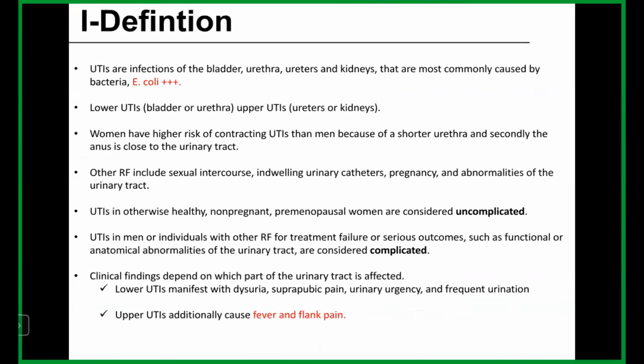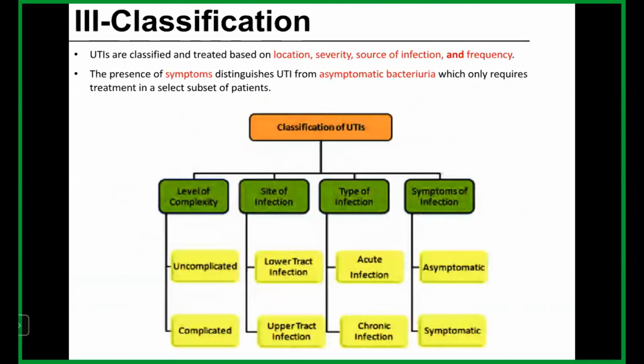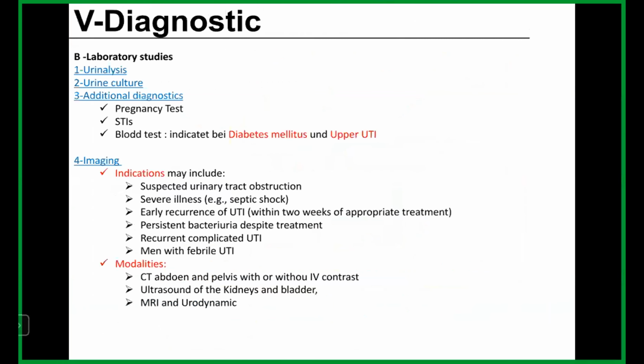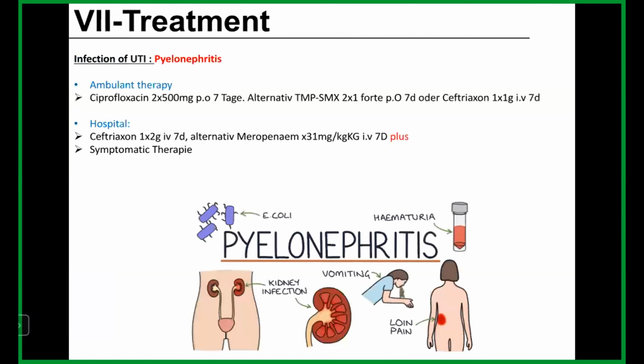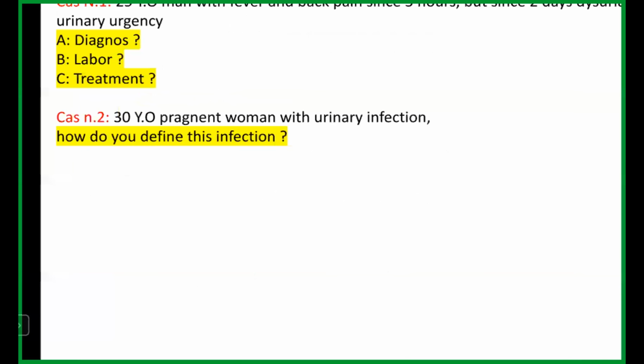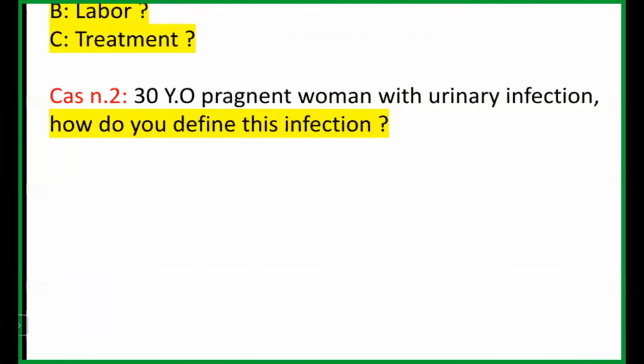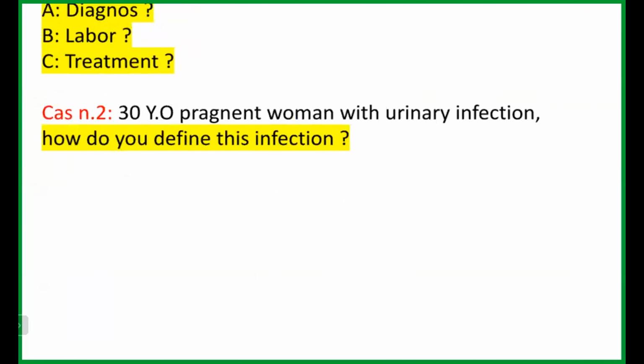So I think it was at the next page. So a pregnant woman comes with urinary infection, it is always complicated. And the second question, so for complicated in pregnancy, we have to do the urine culture and also the pregnancy test.